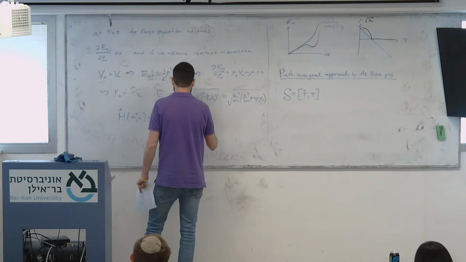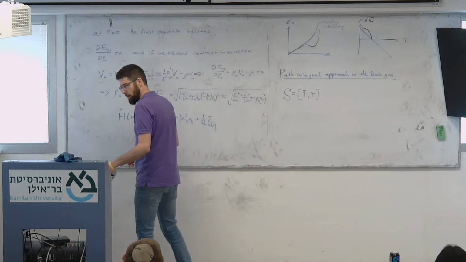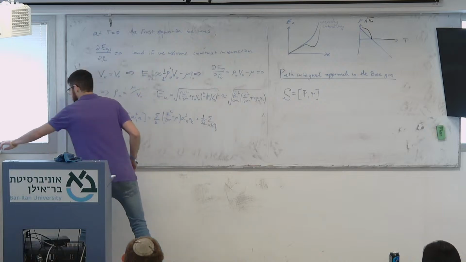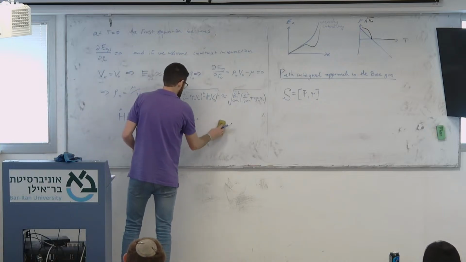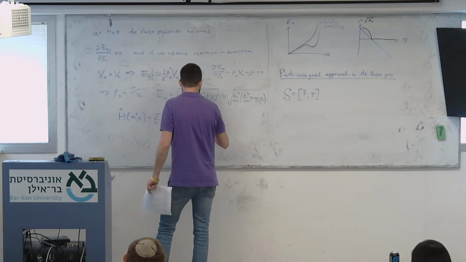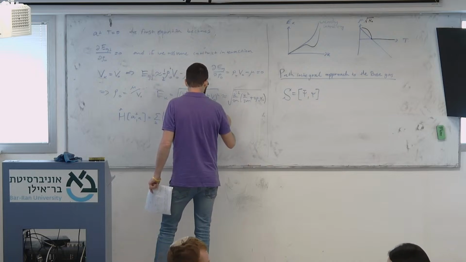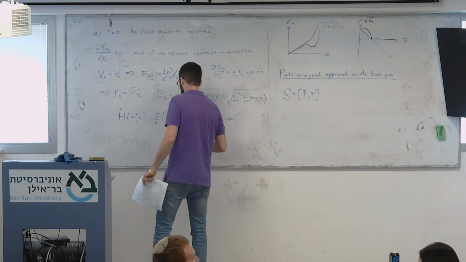Plus 1 over omega, sum over k, k prime and q. Or maybe, no, let me write it in a way that will be easier for us: an integral d3r v naught, a dagger r a r squared.